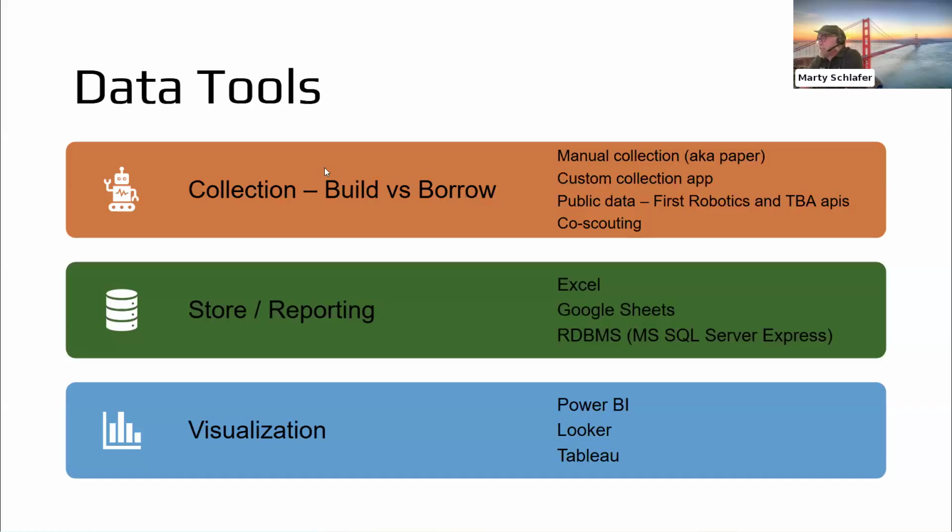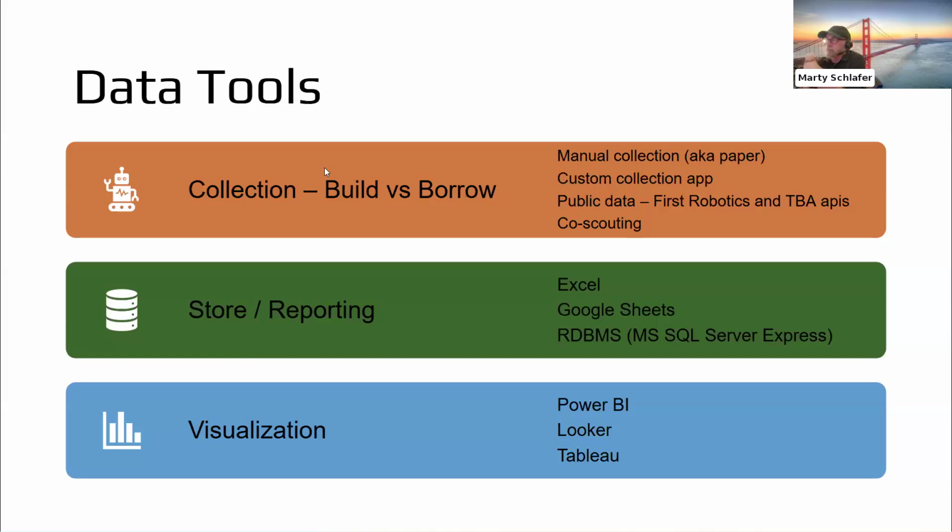Since then, in 2024, we built a custom collection app. Many teams have followed suit and done that as well, where you build it on iOS or Android platforms, some tablet, maybe a phone, and it collects the data, and then you can take that data from each of those individuals and collect it into one master data store.